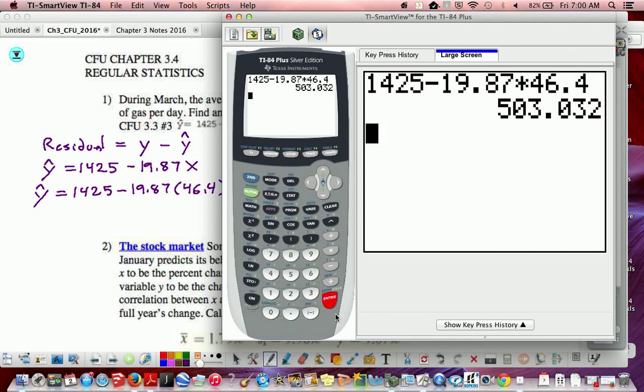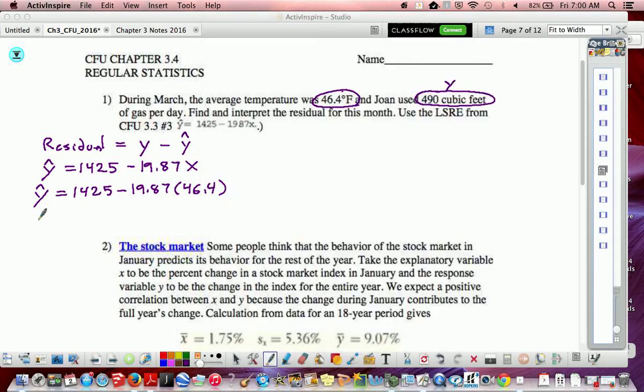Enter that in and we get 503.032. So y hat equals 503.032. Since they at least give me 2 decimal places for the prediction, I might leave 3 decimal places when calculating my residual.